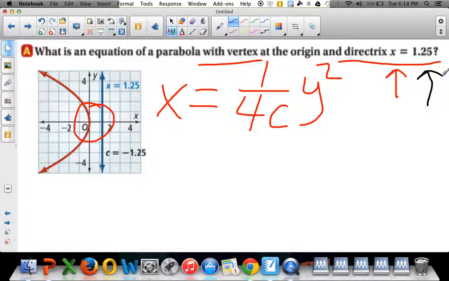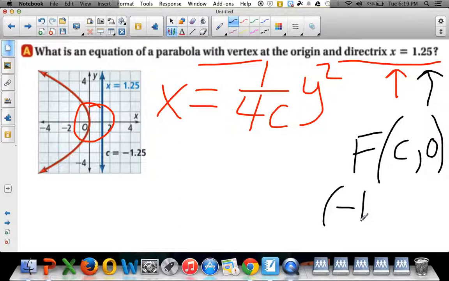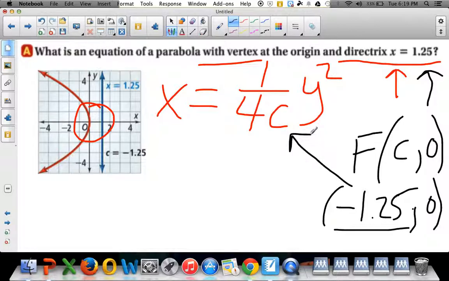So my focus is going to be C, 0, and in this case it is going to be -1.25, 0. Opposite of my directrix. Being a horizontal parabola, the C comes first. So now I find my C, which is -1.25, which I'm going to plug into my equation of my parabola.